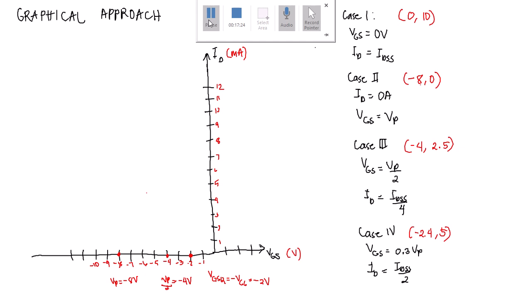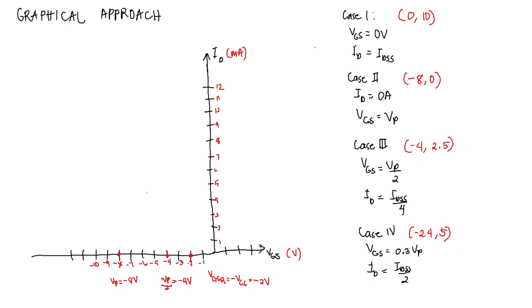So as we continue on the graphical approach of the fixed bias configuration, we have here the graphical solution. We have different cases here.